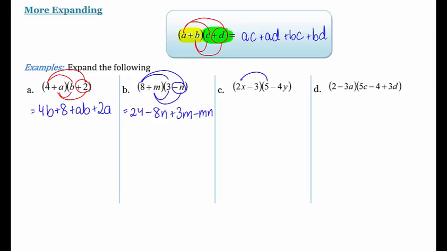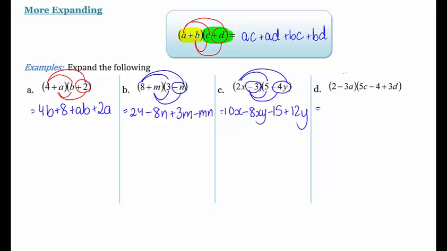Next, 2x times 5 is 10x. 2x times negative 4y is negative, 2 times 4 is 8xy. Negative 3 times 5 is negative 15. Negative 3 times negative 4y, negative times a negative is a positive. 3 times 4 is 12y.